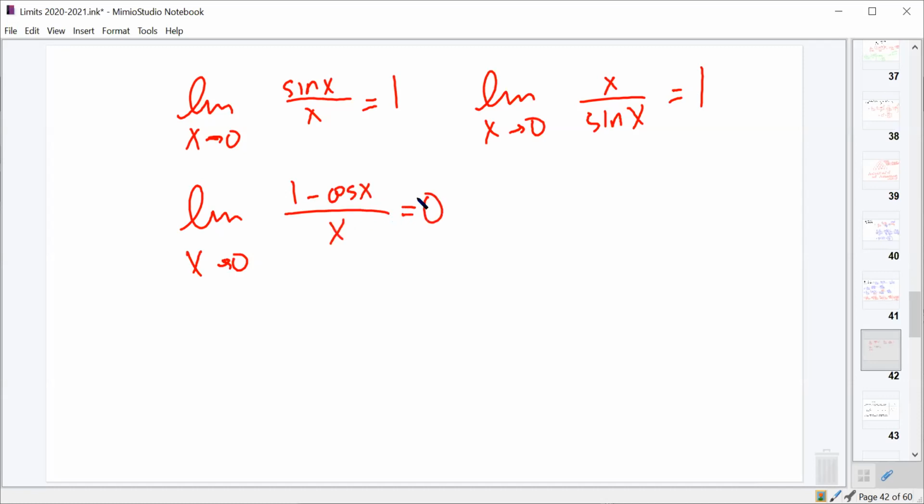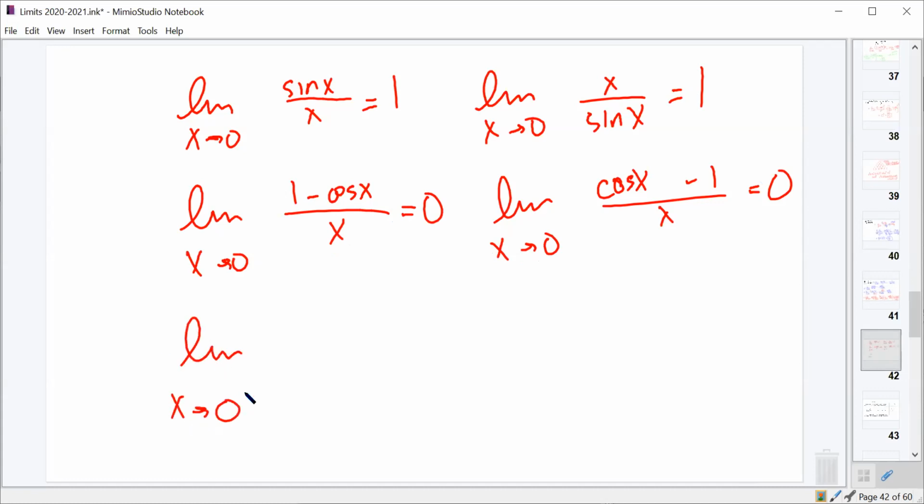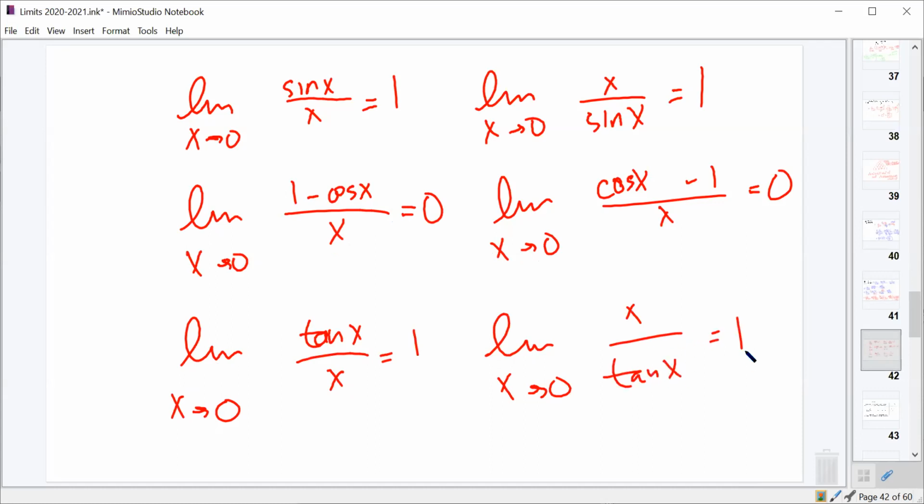That one was 0. And then I briefly mentioned, but we didn't use this one, cosine x minus 1 over x. That one's 0. And the other 2 are these. Tangent x over x is also 1, and the limit as x approaches 0 of x over tangent x is also 1.